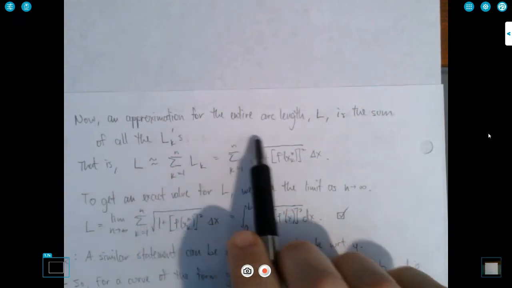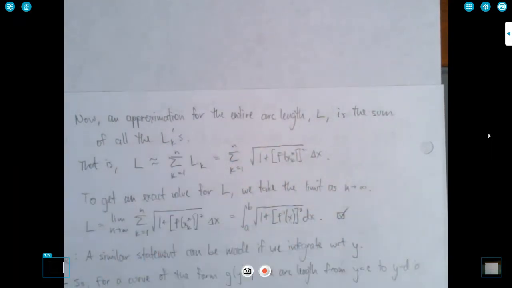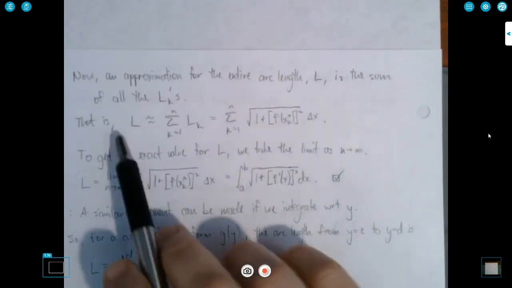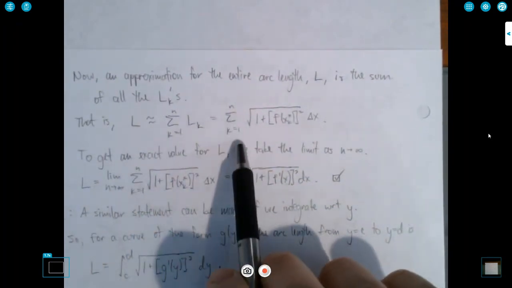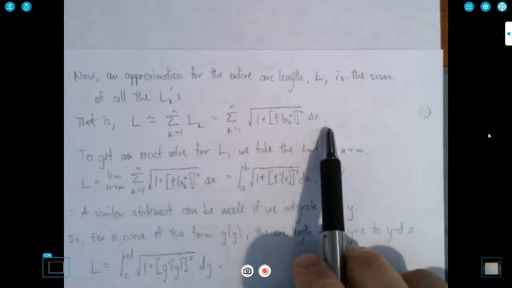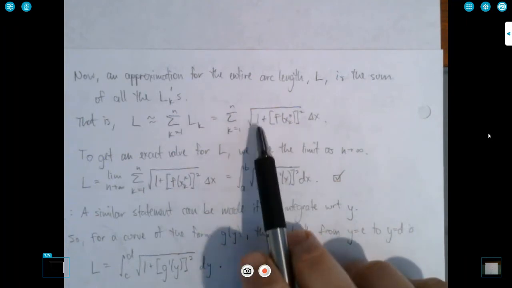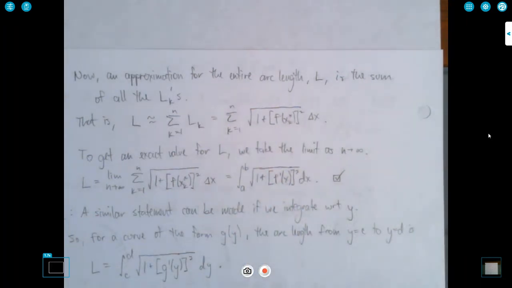So an approximation for the entire arc length, L, is the sum of all of the L sub k's. So L is approximately the sum from k equals 1 to n of L sub k. In other words, it would be the sum from k equals 1 to n of the square root of 1 plus f prime of x sub k star squared, times delta x.